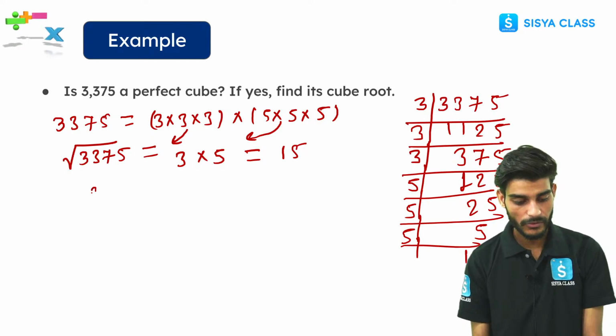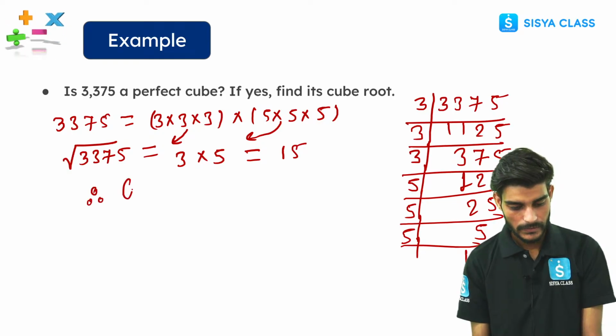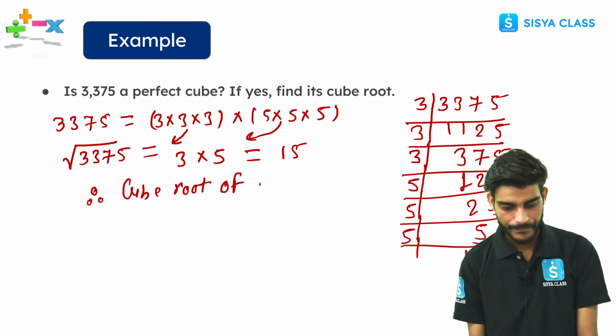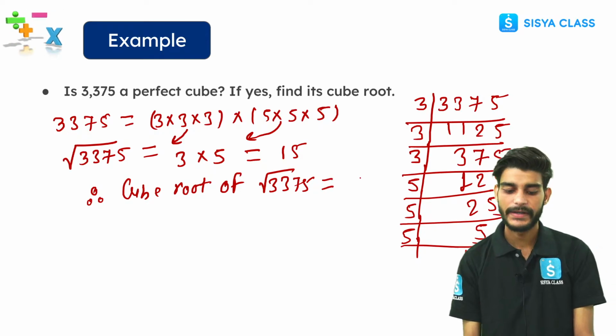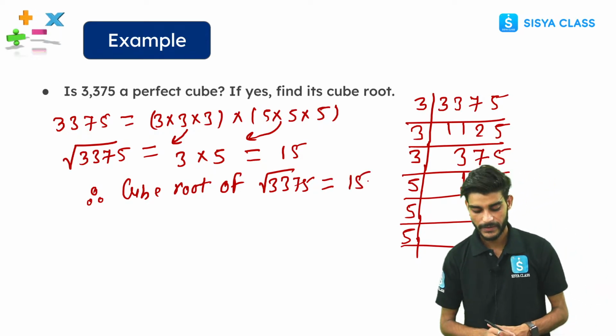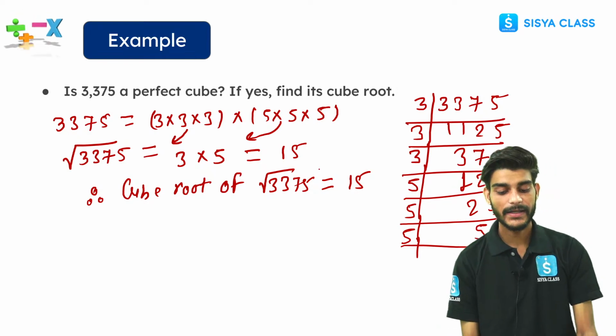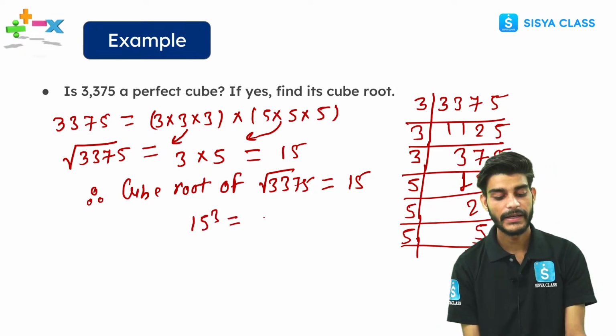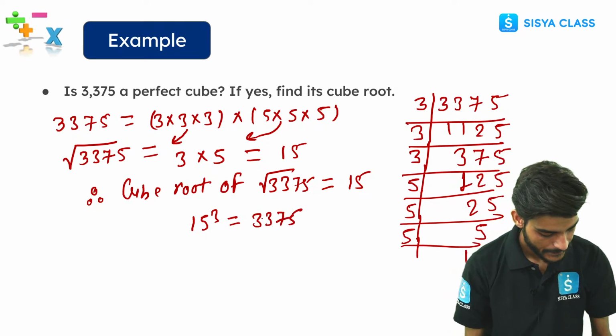So cube root of 3375 equals 15. Clear? Cube root of 3375 equals 15 means basically if you take the cube of 15, it is 3375. Please verify this.